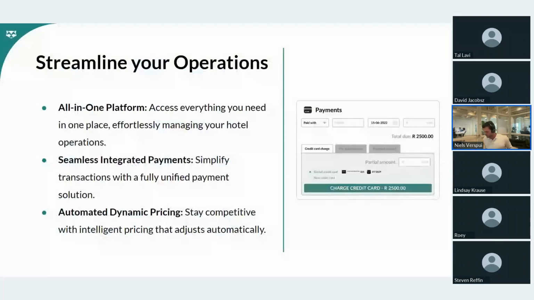All right. Because by having one solution, you can streamline your operations immensely. When I used to work at a boutique hotel in Cape Town for my internship, we were working with one company that did the PMS and another company that did the channel management.